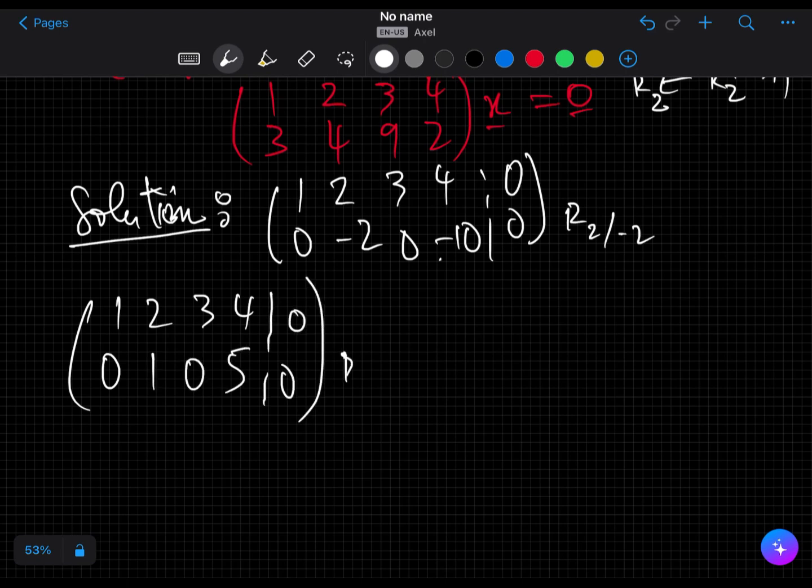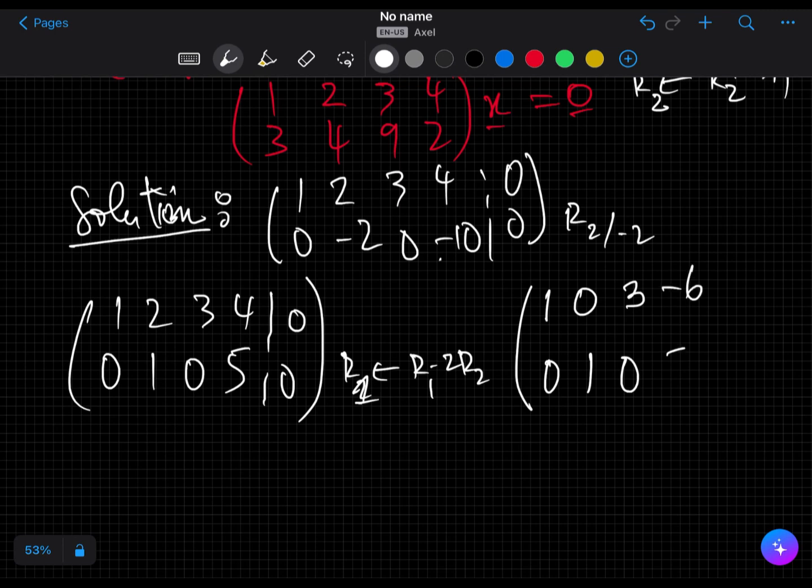Then I can do R1 equals R1 minus 2R2. This will give me 1, 0, 3, minus 6, 0, 1, 0, 5, and I have 0 here.